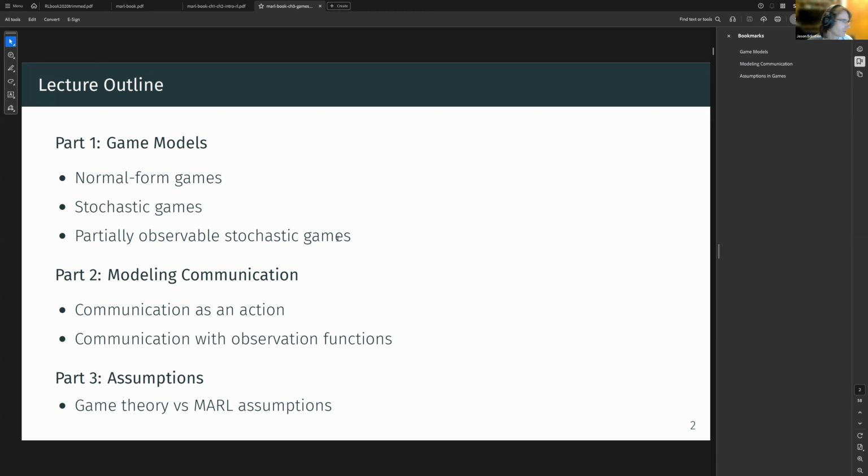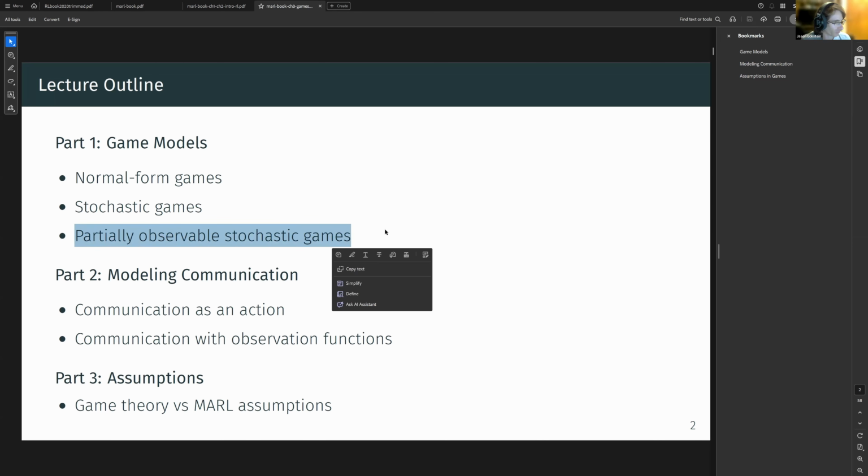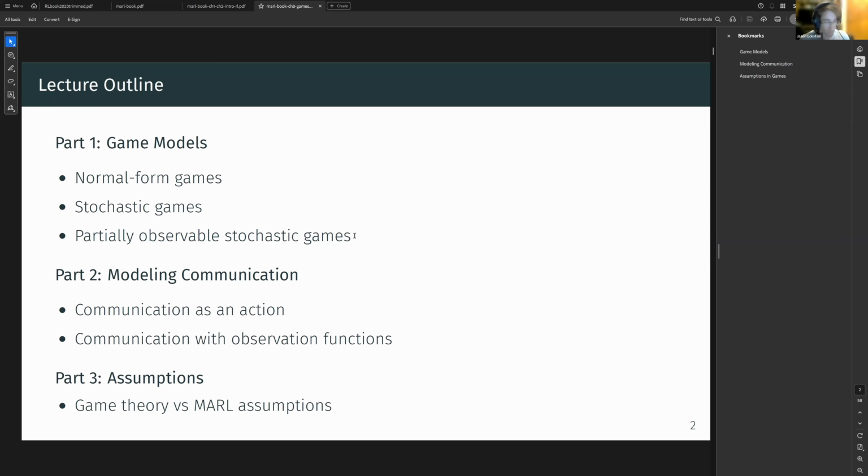And finally, the end point of this is defining these partially observable stochastic games as the full problem that we're concerned with solving. But it's helpful to look more at the theory of simple cases and then build up to it slowly.